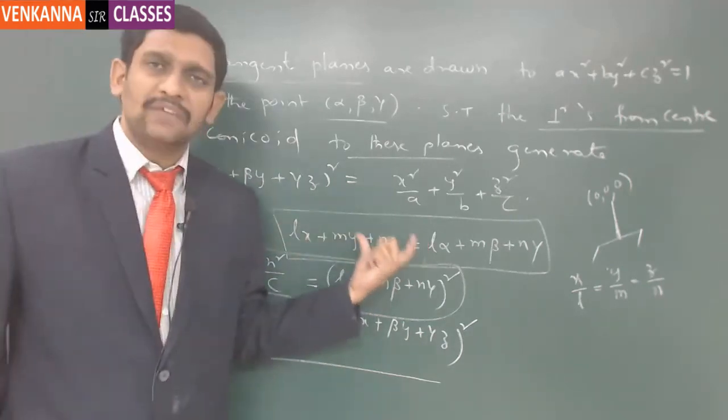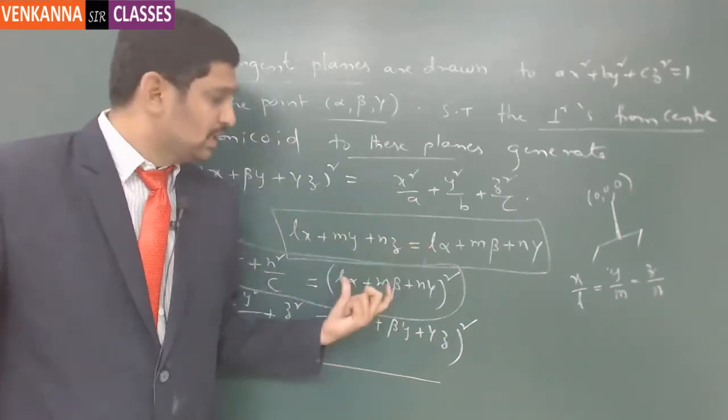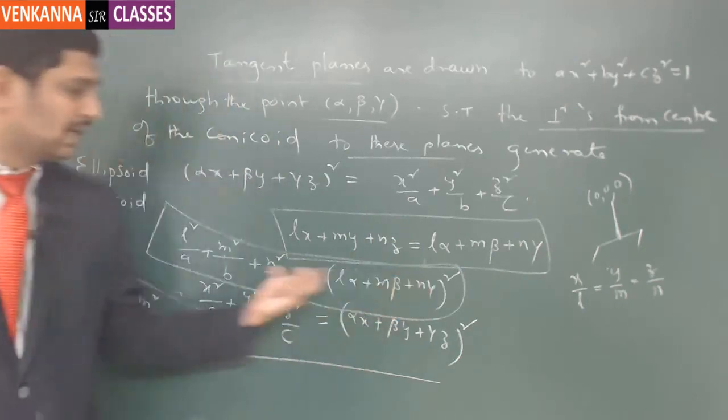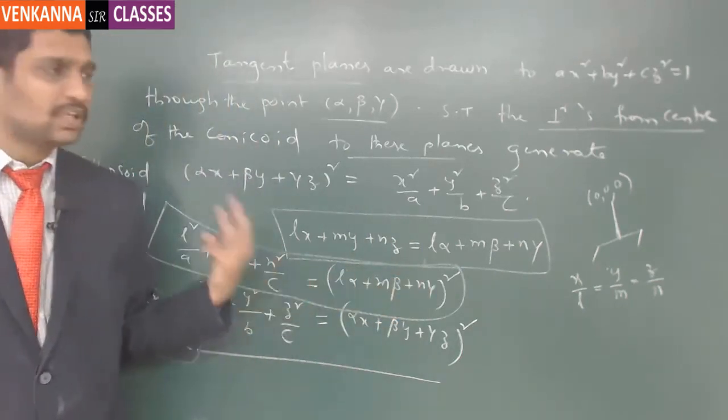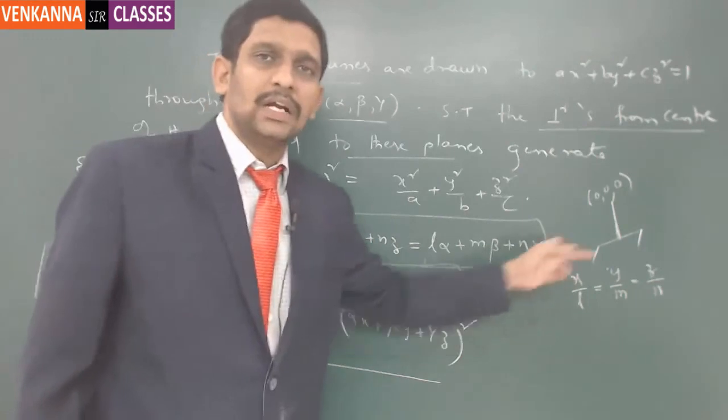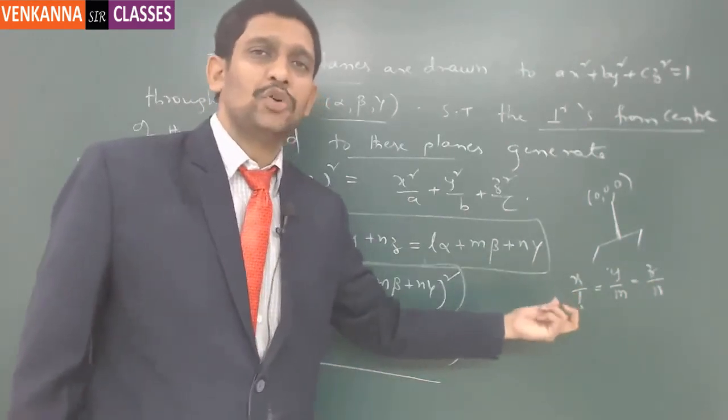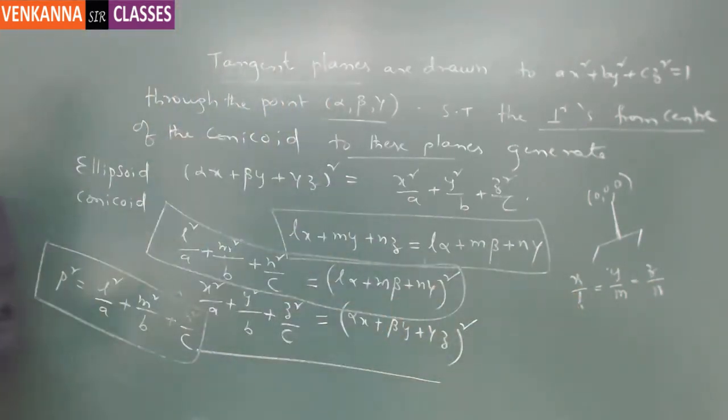We will write the plane equation, step 1. Step 2, we will verify the condition of tangency. Step 3, writing normal equation, we will substitute element values, we will get the solution. That's it. So you take a note of that. I will go to the next model.